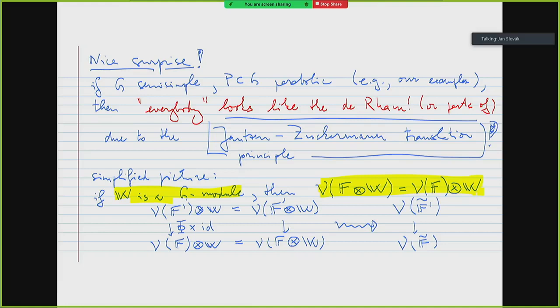Why? Because it means that if I get an operator, phi, say, it will correspond to a homomorphism between the Verma modules. So it goes from the induced module to F dash to the induced module to F. That's the dual thing to the operator from F to F dash, right?